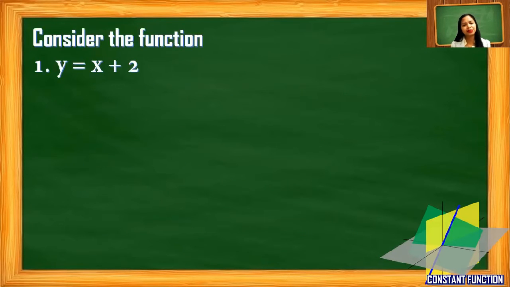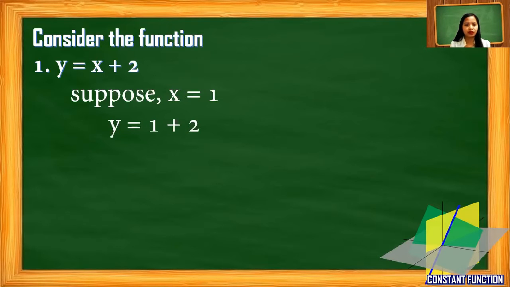Okay, so let's consider this function: y = x + 2. So let us try to find out what the values of y are, or whether there is only one value of y. So suppose we have the value of x equal to 1. To get the value of y, we are going to substitute the value of x = 1 into our function.